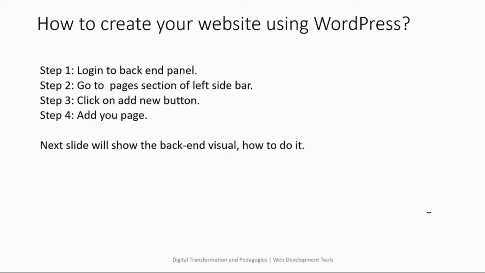I'll just walk through some of the steps. You have to log in at the back end, and then there is a page section on the left sidebar. After this, I'll try to dwell into an actual demo session. Click on the add new button to add the page.